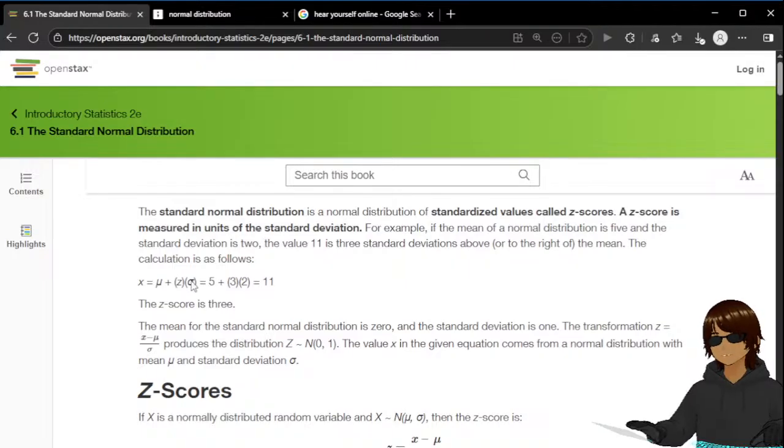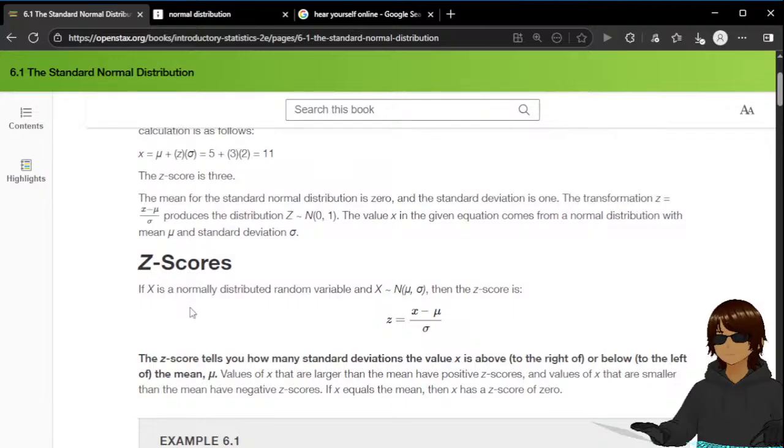The calculation is as follows: x is 11, mu is 5, sigma is 2. Oh, z is what we are calculating. The z-score is 3.